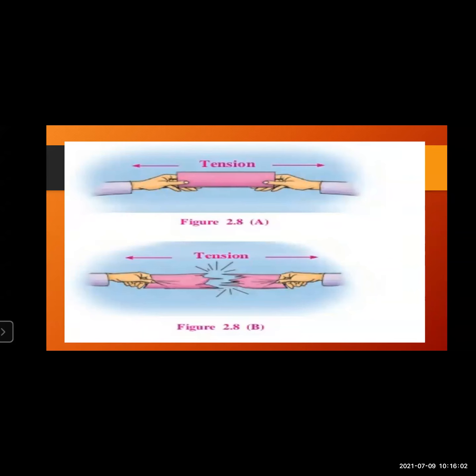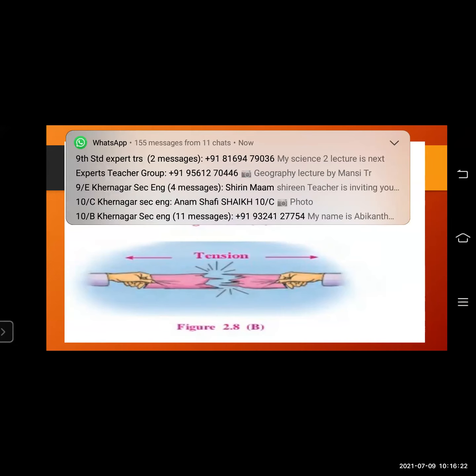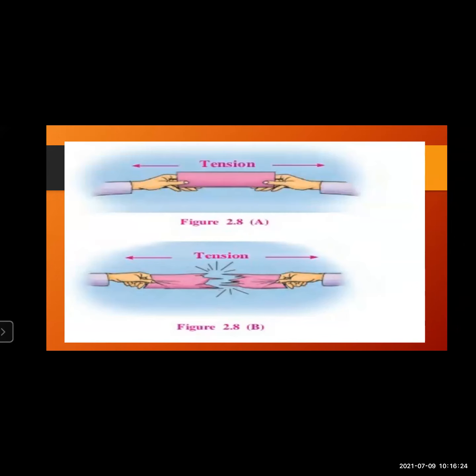Now what is done here, see students, take a long strip of thin paper, in the same way as you took in the first activity. Hold one end of the paper in your right hand and the other in your left hand. You have to hold the paper from both sides. Pull both the ends away from each other.